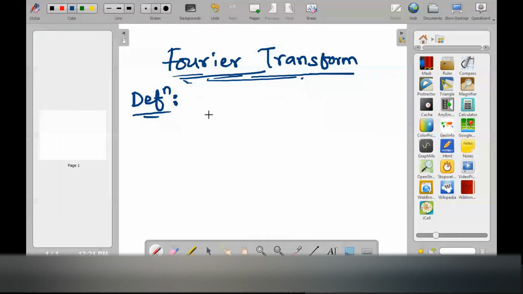So basically, what does the Fourier transform mean? In short form we can write it as FT.